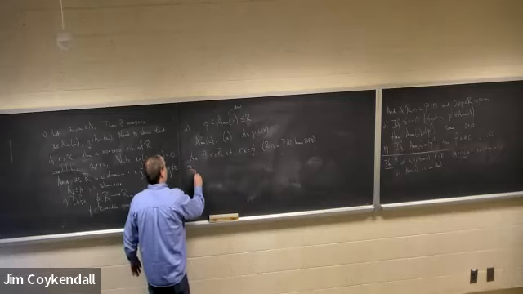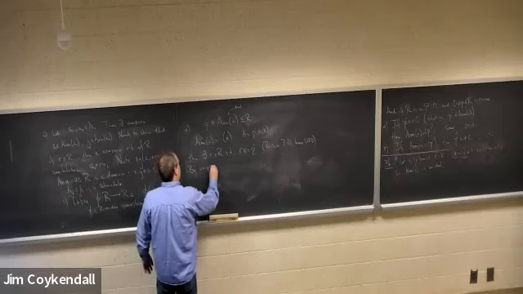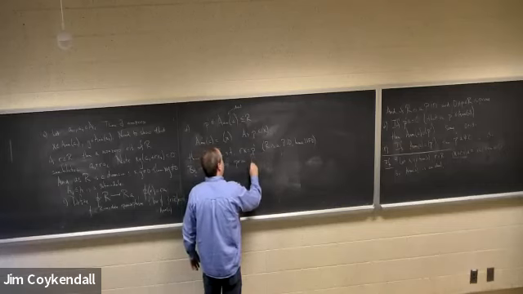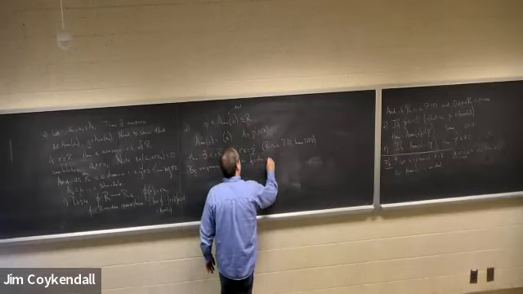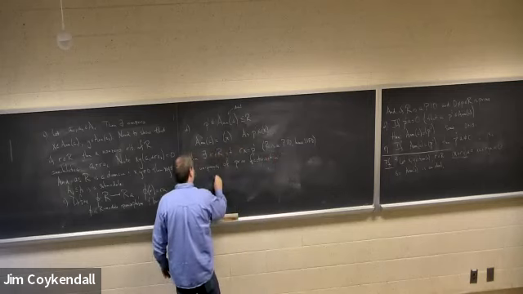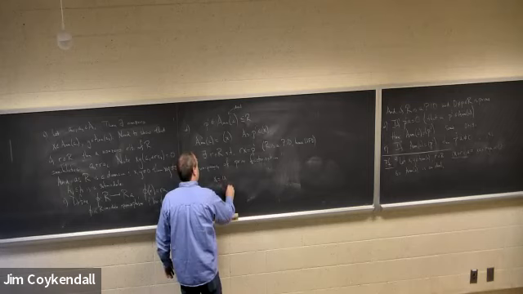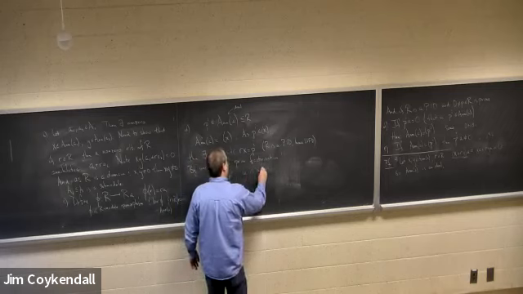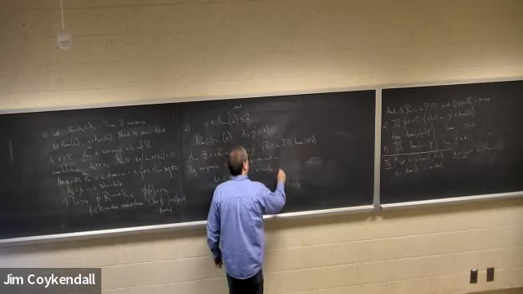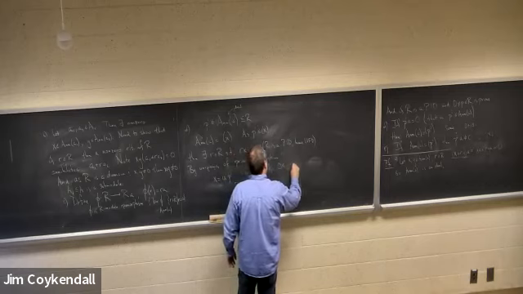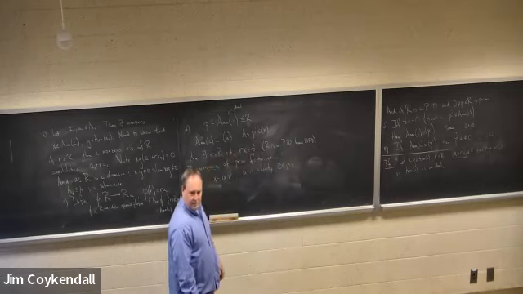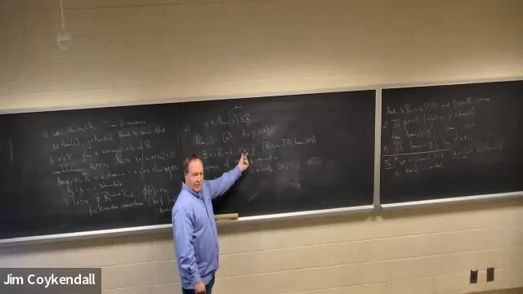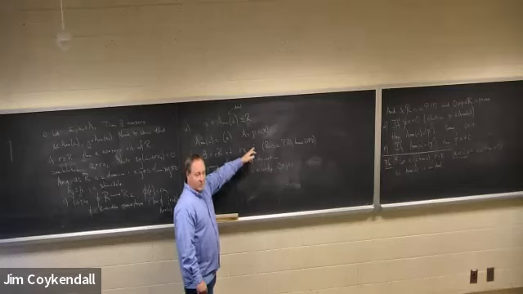So by uniqueness of factorization, I can only conclude that x is equal to a unit times p to the j, where u is a unit, because I know by uniqueness of factorization that this is some power of p that's less than this.